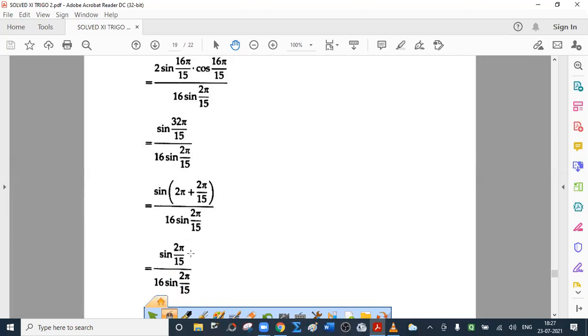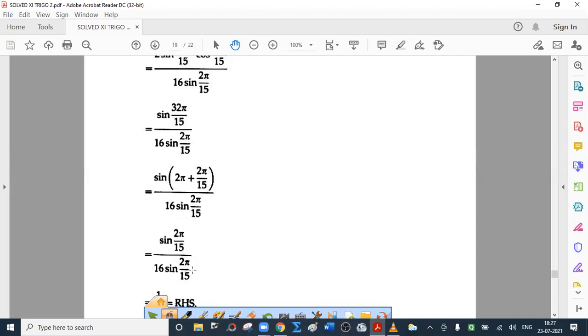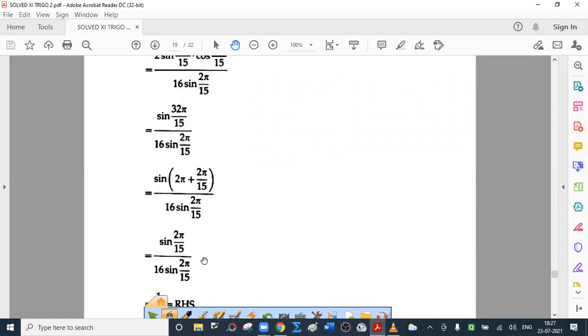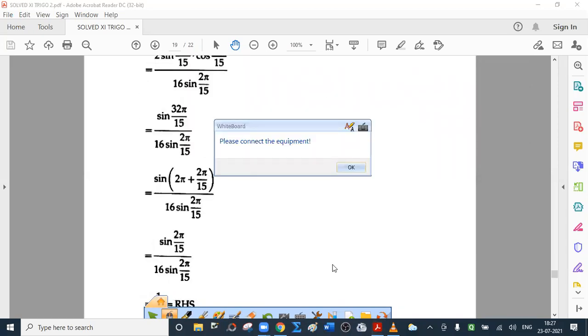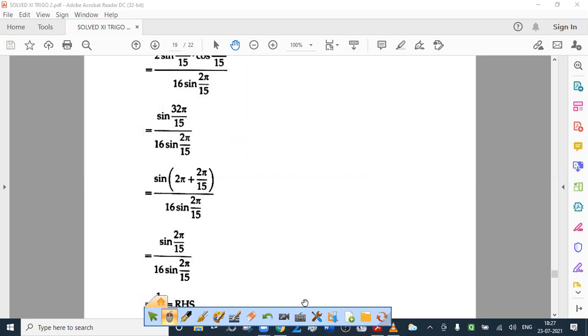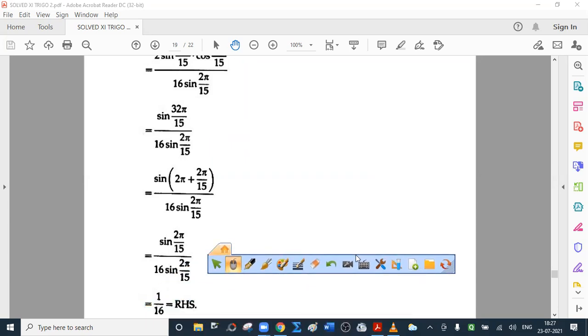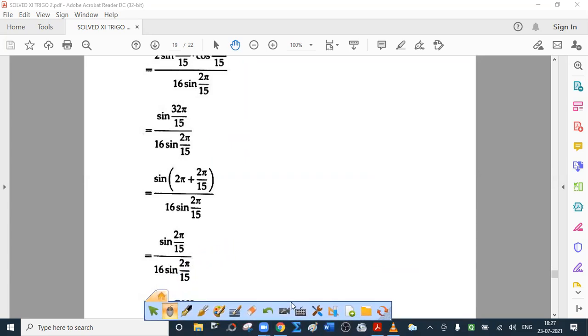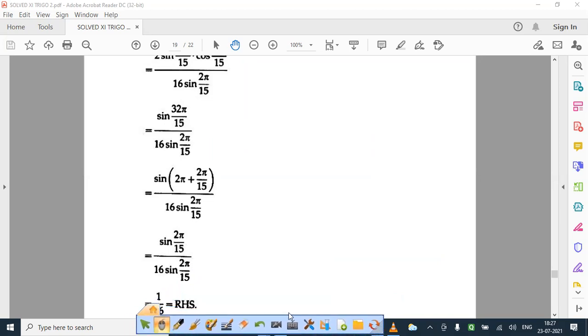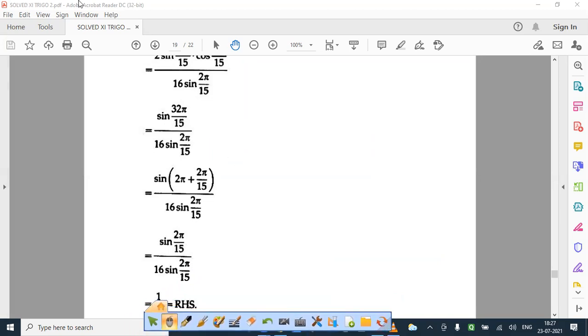So sine 2 pi upon 15 gets cancelled with this 2 pi upon 15. What remains is 1 upon 16, which is nothing but the right hand side. Is that clear? So this is simple. This is not difficult. The only thing is you have to use the sine 2 theta formula repeatedly.